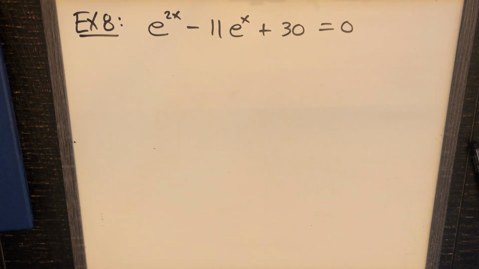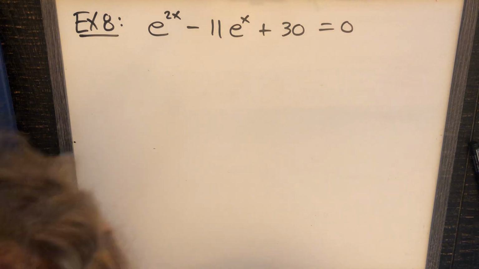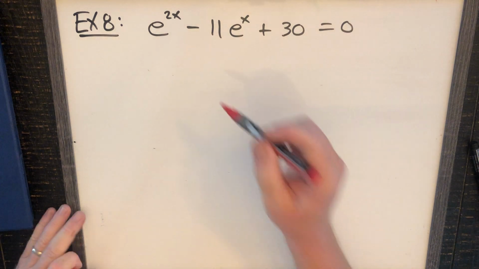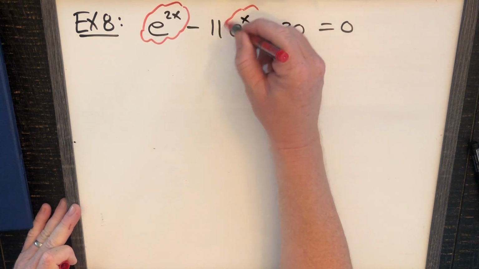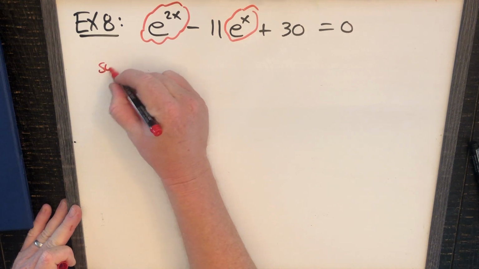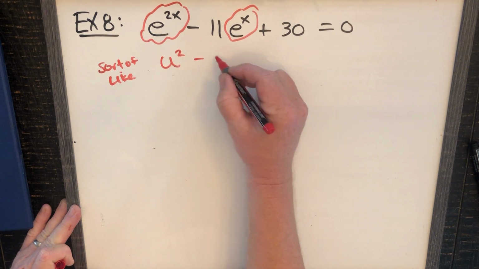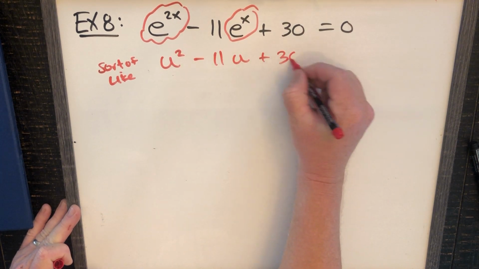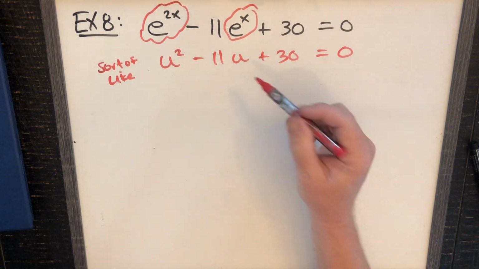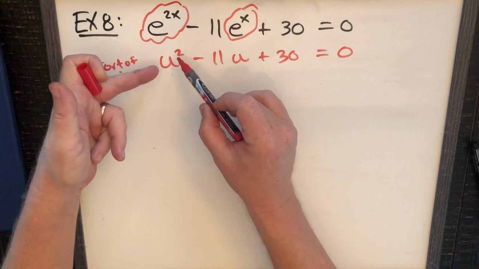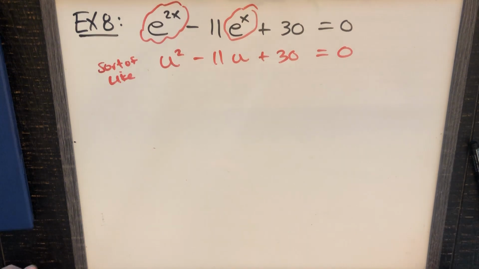This type of problem is called a quadratic form. I don't know if you recognize it, but it has the same form as a quadratic equation. So you can imagine that the e to the 2x is like a second power of some substitute variable, and the e to the x is the first power of that substitute variable.